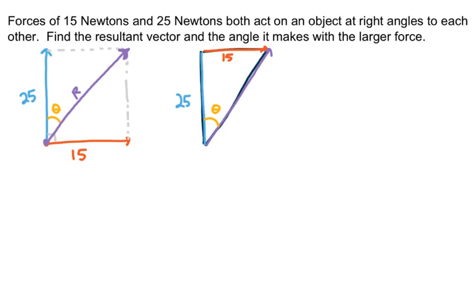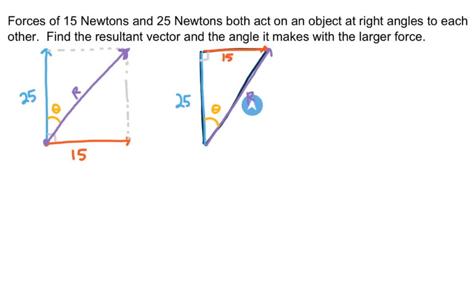So we're trying to find the angle theta and also the length of this hypotenuse, r. We can do two things. Since this is right triangle trig, and keeping in mind that's a right angle up there, this is a rectangle, this parallelogram that we formed, right triangle trig.